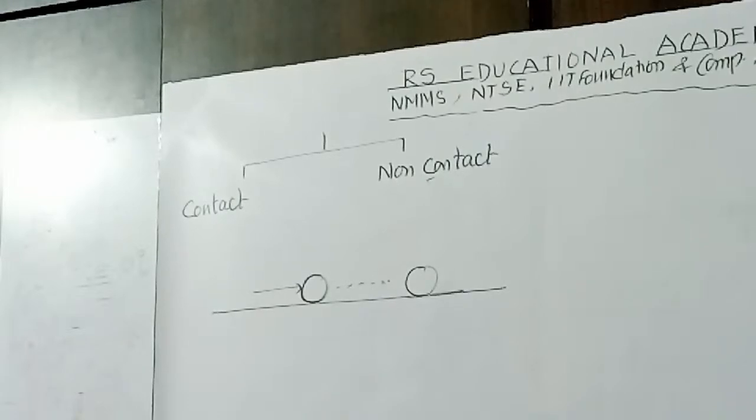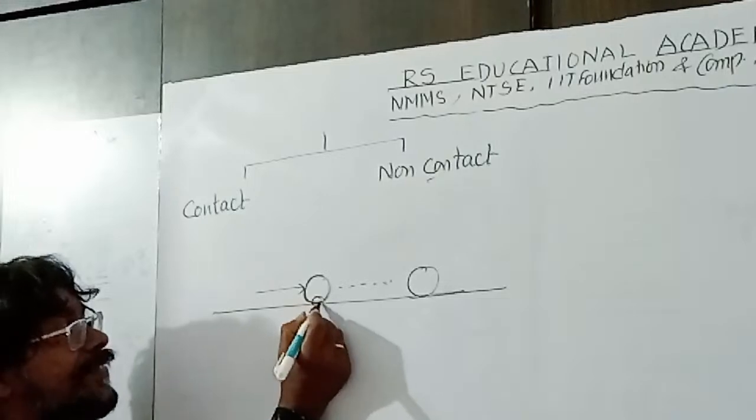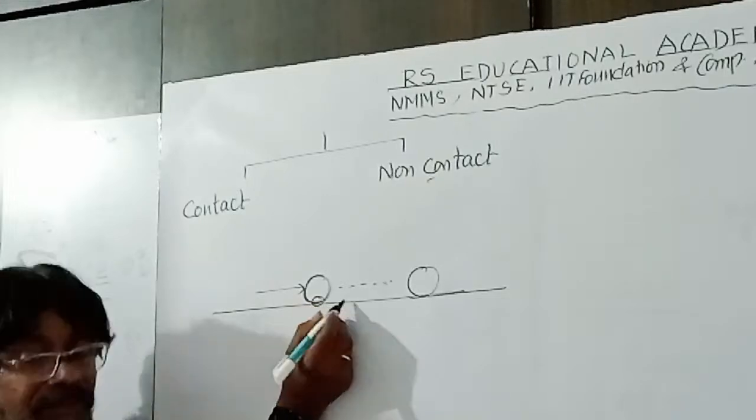Otherwise, it is moving on. So that type of force which is used to stop a moving ball is called a frictional force. It is a relative force between the touching surfaces of the ball and the floor.